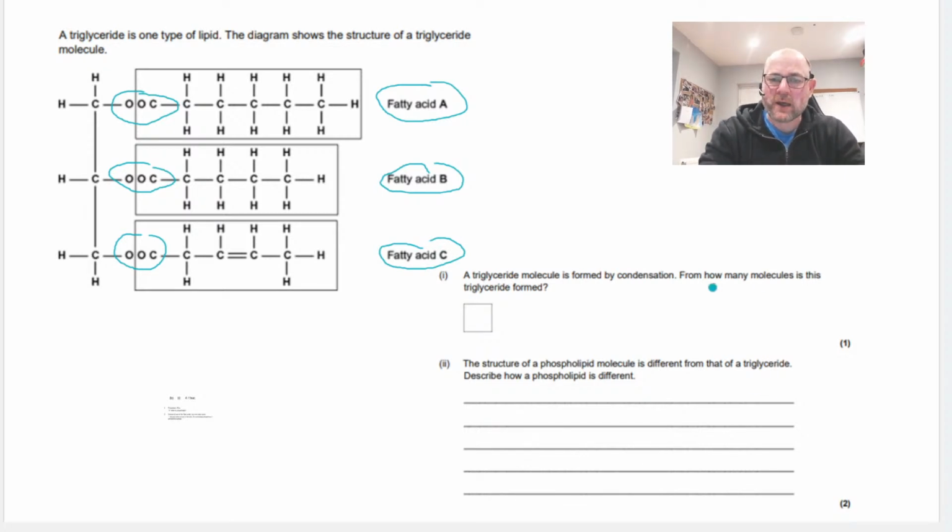How many molecules is a triglyceride or a lipid made from? How many individual molecules was this made from? We're nearly finished, by the way. We're going to finish in 2 minutes. So what do you reckon? How many original molecules make a lipid?